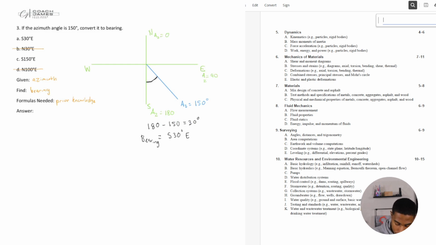So my answer is in fact A. This concludes our coordinate systems practice problems. In the next section, we're going to be looking at leveling.